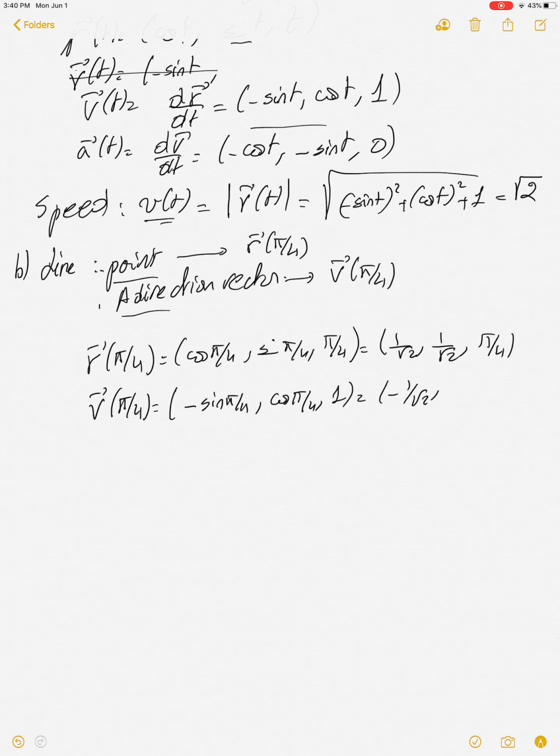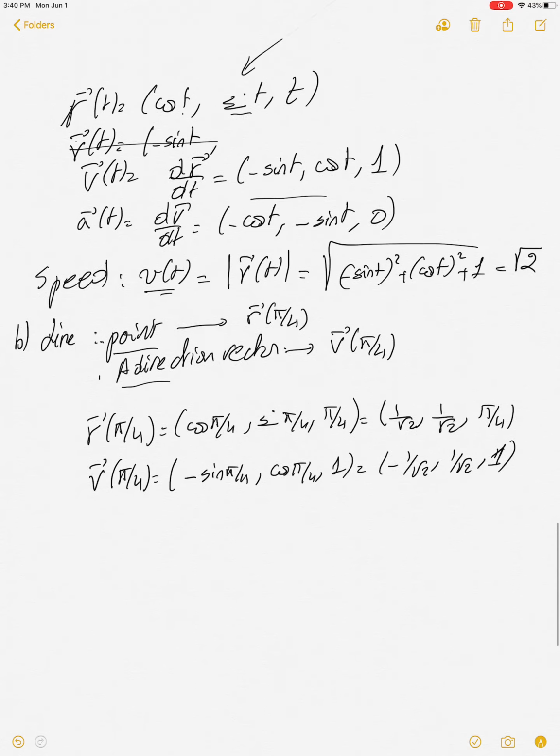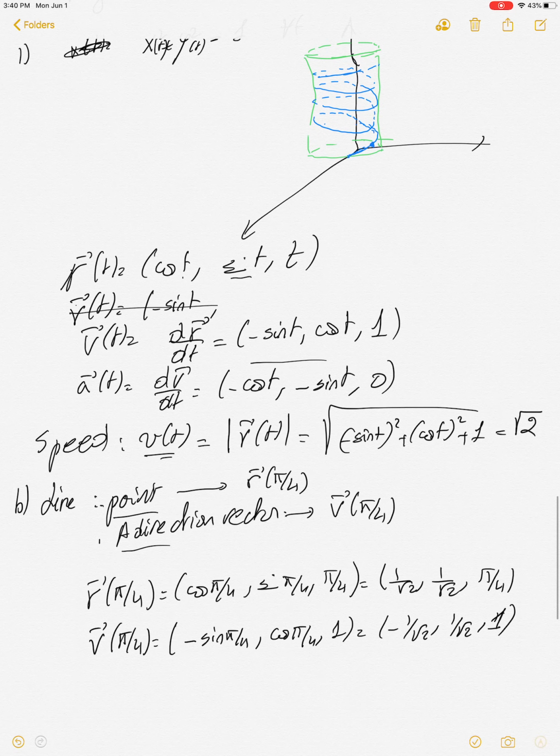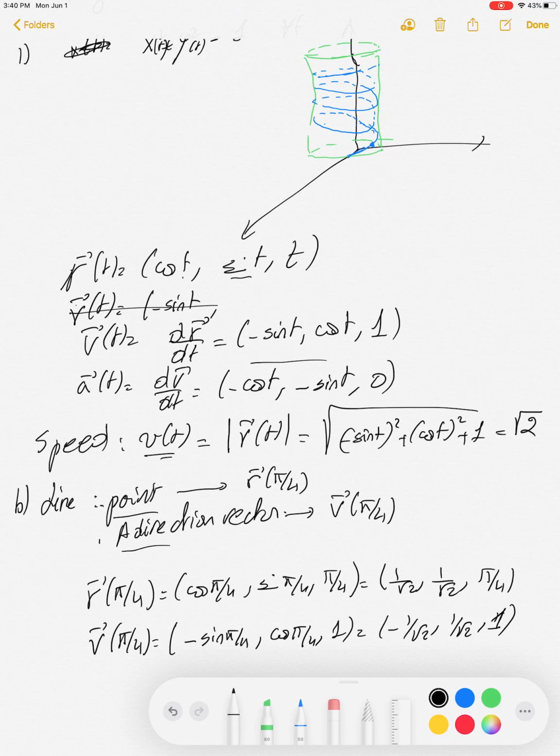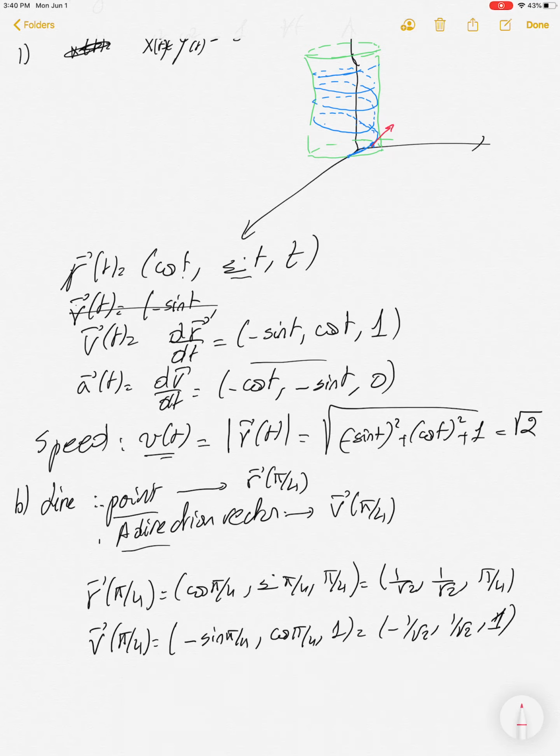And this is minus 1 over square root of 2, 1 over square root of 2, and 1, which you can see here because this is the velocity vector. And I want the equation of this line.